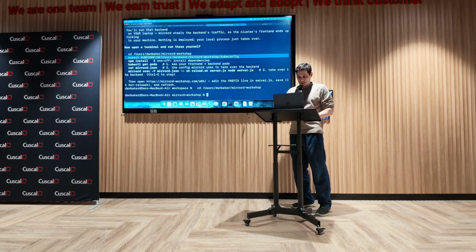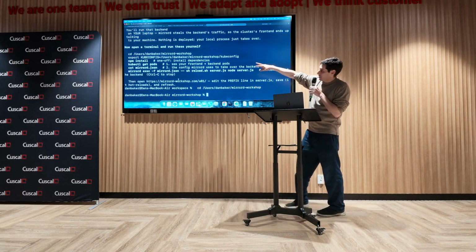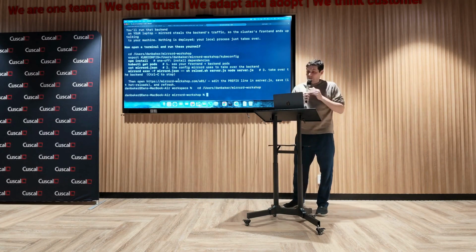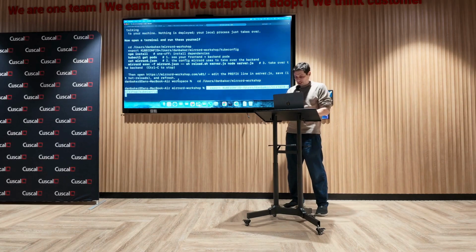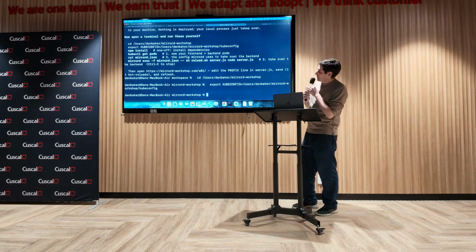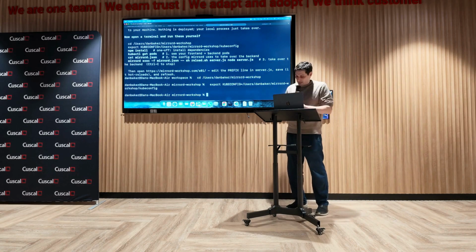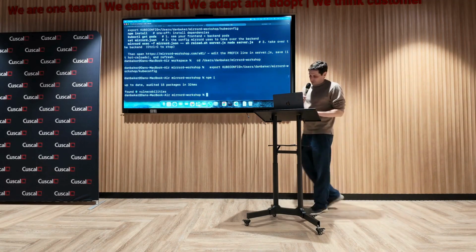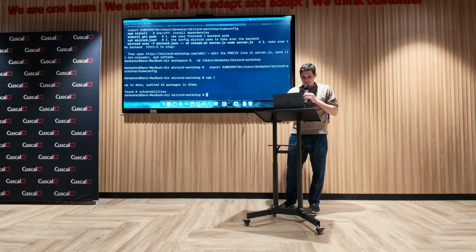Okay, one. So first, I'm going into the directory where our code was created. Next, we created a kubeconfig file so that we can authenticate to the cluster. So I'm going to do that. Next, I'm going to run an npm install to install the dependencies. Then I'm going to run a kubectl get pods.